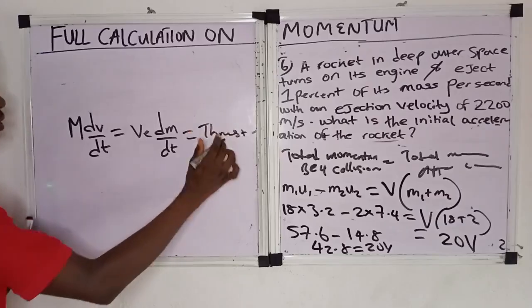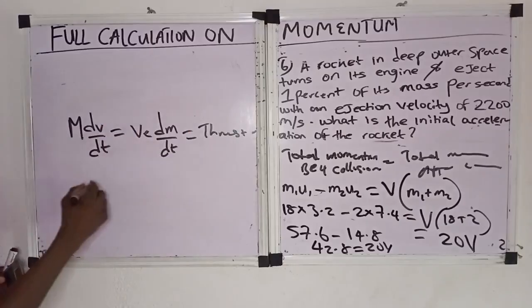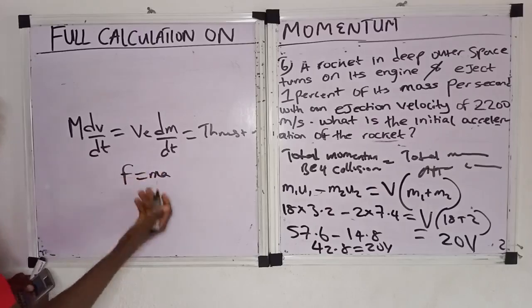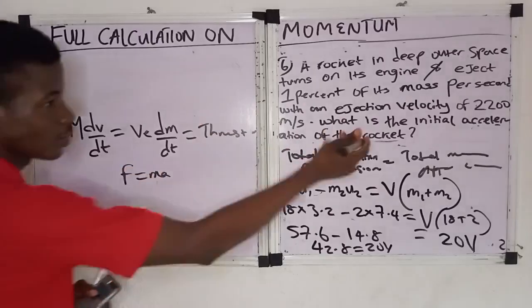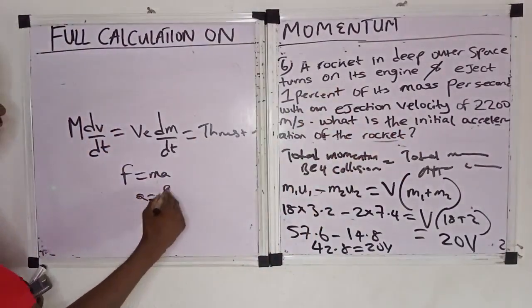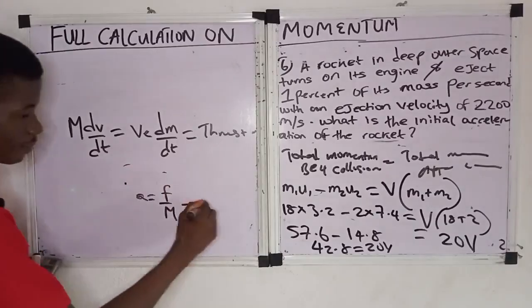So the thrust is equal to either one. Another formula is for acceleration. We know that force is equal to ma, so initial acceleration is equal to force over the mass of the rocket.